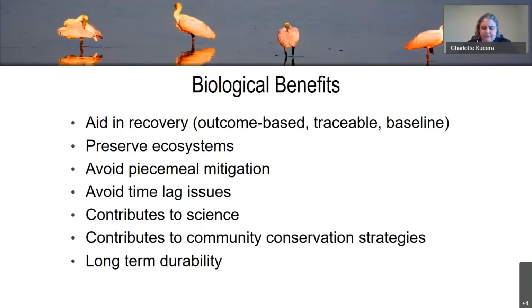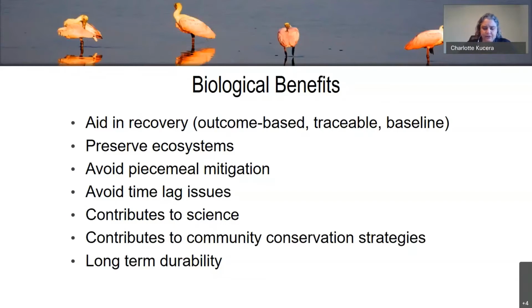So we frequently describe both the biological and business benefits of establishing and using conservation banks for listed species. Among the biological benefits is the ability to aggregate both small and large mitigation parcels into larger habitat blocks that will aid in recovery of species. These blocks help to preserve ecosystems, contribute to science, and support community conservation strategies.